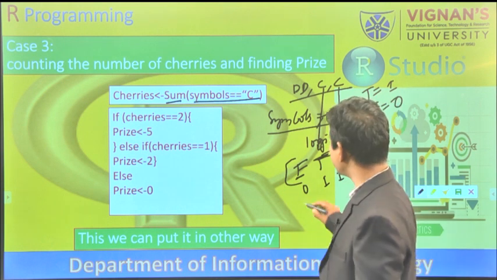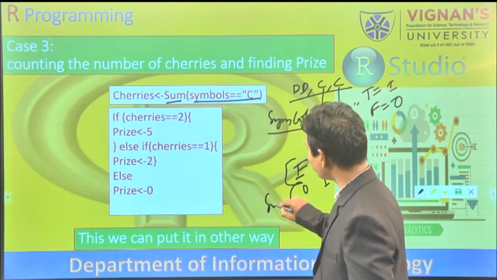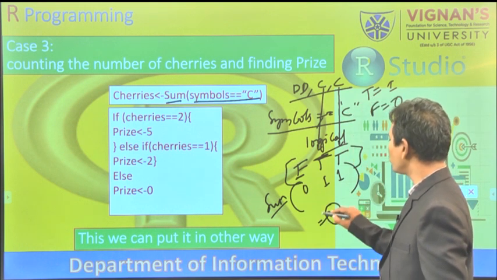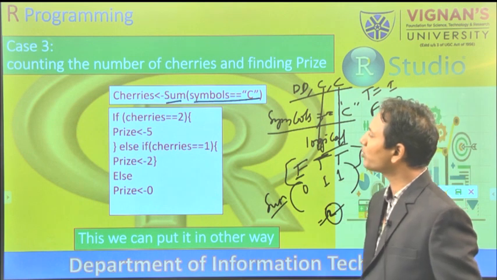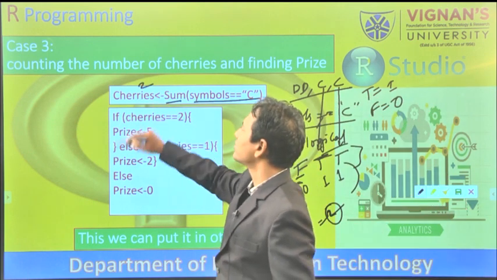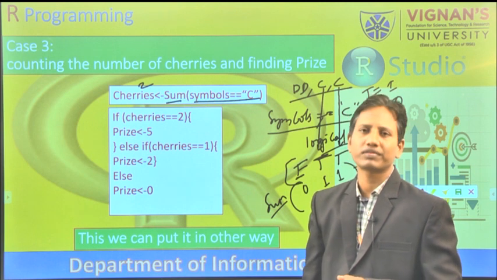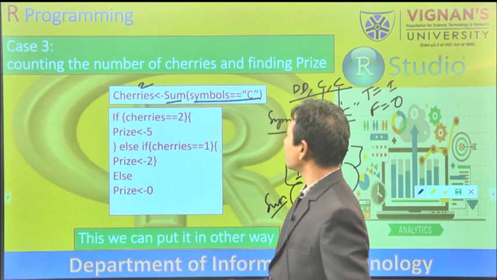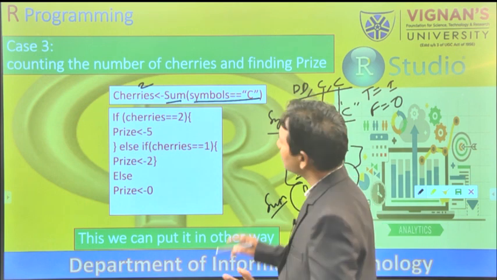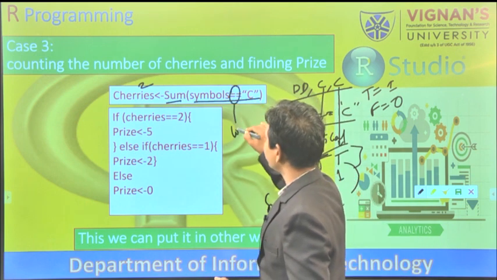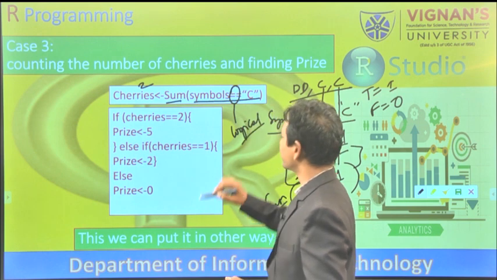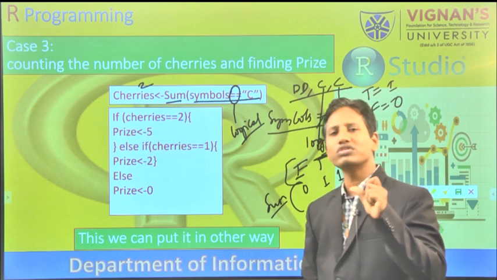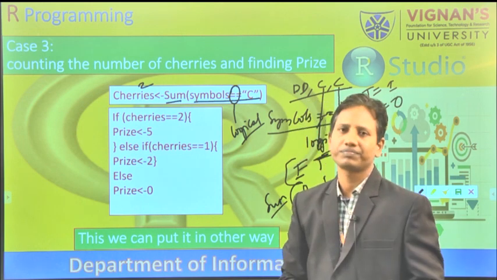So if you pass this vector to the sum function, what will happen? 1 plus 1, it's going to give me 2. And ultimately I am going to get the 2 cherries. Very simple one. Okay. So this is all possible with this logical operator. So we have to thoroughly understand how these logical operators are working.